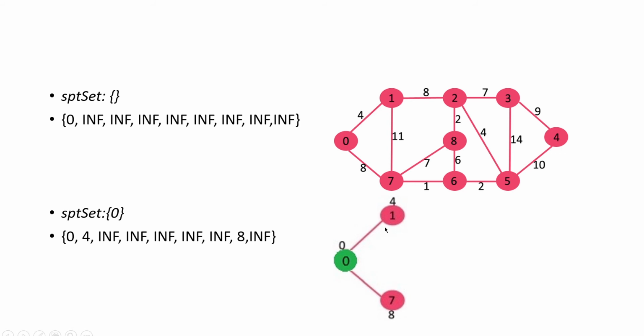Those vertices are vertex 1 and vertex 7. Using the distance of the edges from vertex 0, we can update these values in the distance list accordingly.